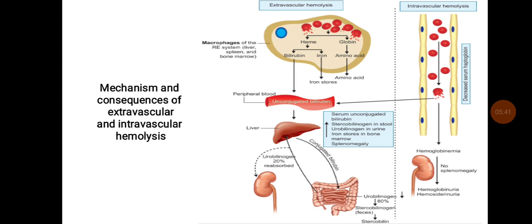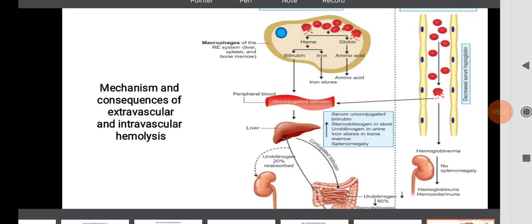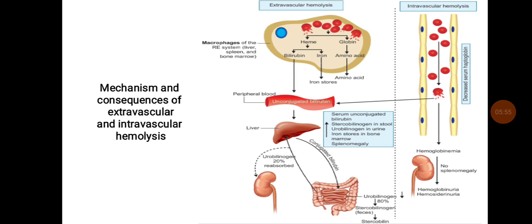Then it goes to the liver and gets conjugated with glucuronide. Then it is excreted in the bile tract and enters the enterohepatic circulation. Some of the bilirubin gets converted into stercobilinogen and stercobilin, and urobilin gets excreted in the feces or in the urine.